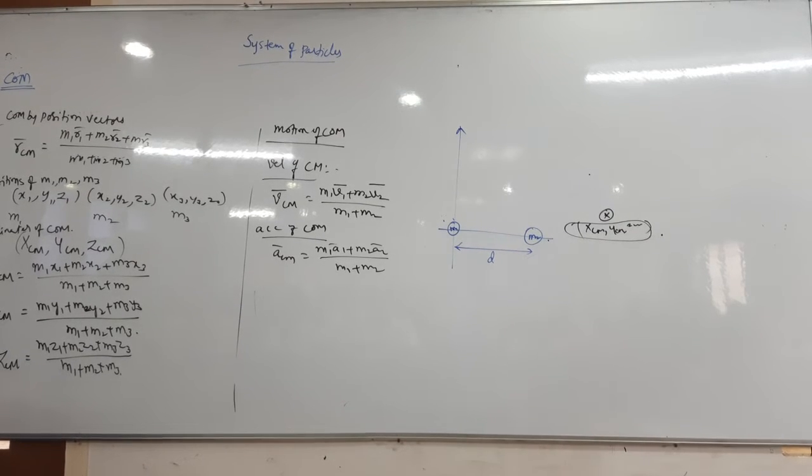Tell me what is the center of mass? Yes, very good. What is the answer? m2d by (m1 plus m2). Find out that. The masses are lying on which axis? X axis. So center of mass also will come on which axis? X axis only. You have to find xcm directly. You will get the answer.